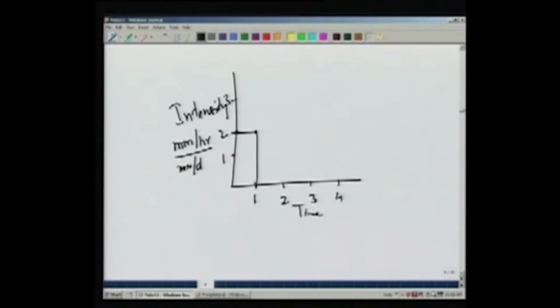So we have 2 millimeter in the first day, then suppose in the second day we have 3, so it will look like this. And since we don't know when in the day this rainfall occurred, because we are collecting data only every 24 hours, we cannot show the variation within that one day. So this typically would look like this, and so on. So this is known as a hyetograph, how the rainfall intensity varies with time.